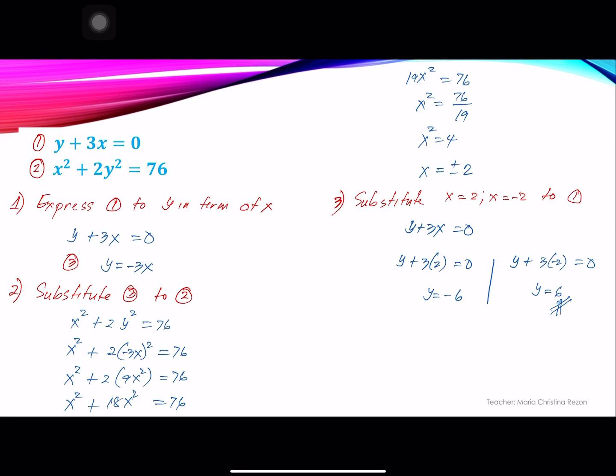So our system of equations here, y plus 3x is equal to 0 and x squared plus 2y squared is equal to 76.